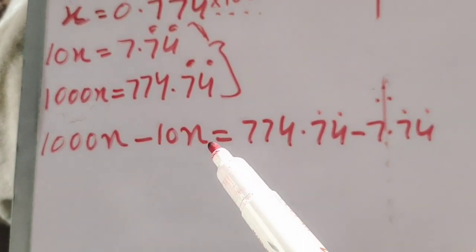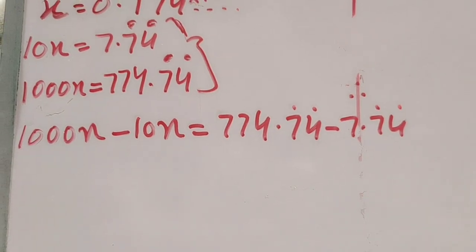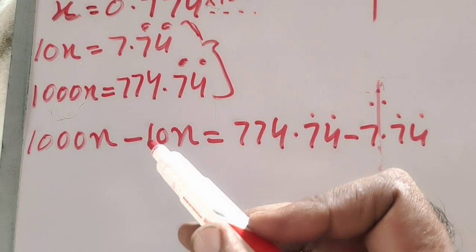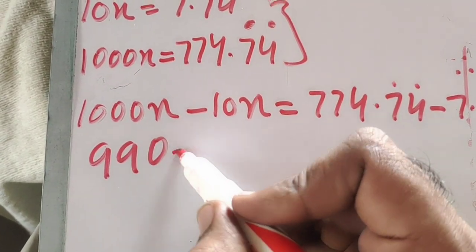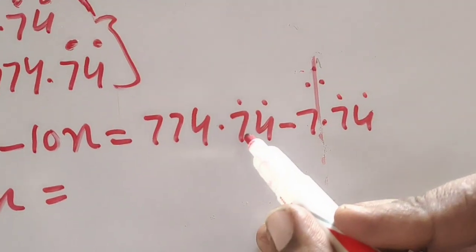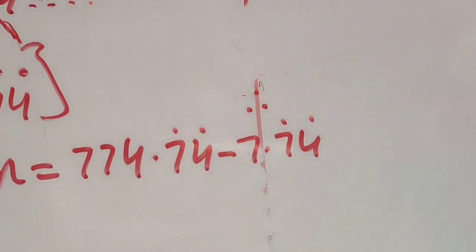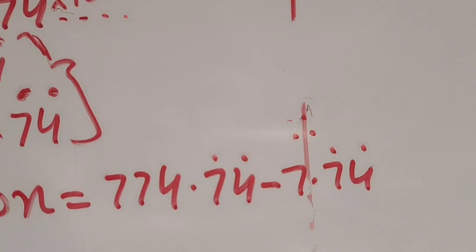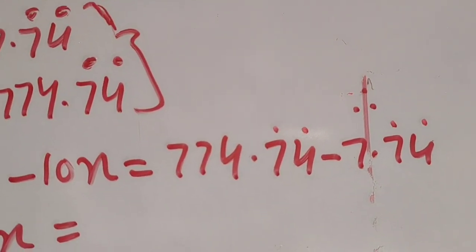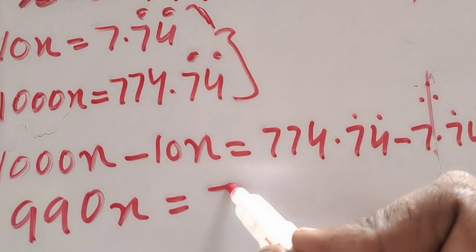We have subtracted both equations, and now we find the answer. 1000 minus 10 is 990x, and now 774 minus 7. The answer is 767.